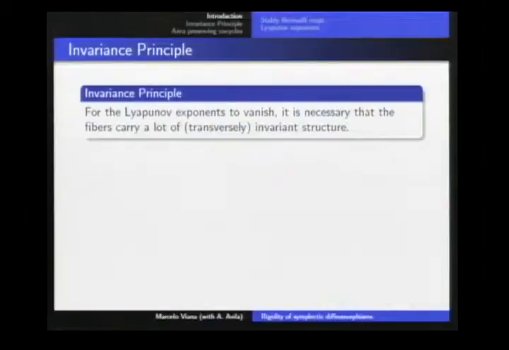Instead of trying to show that this doesn't happen, you just show that it's actually quite special, and you can say a lot about such systems. So there will be a precise theorem that belongs to this family of results under the umbrella of the invariance principle.